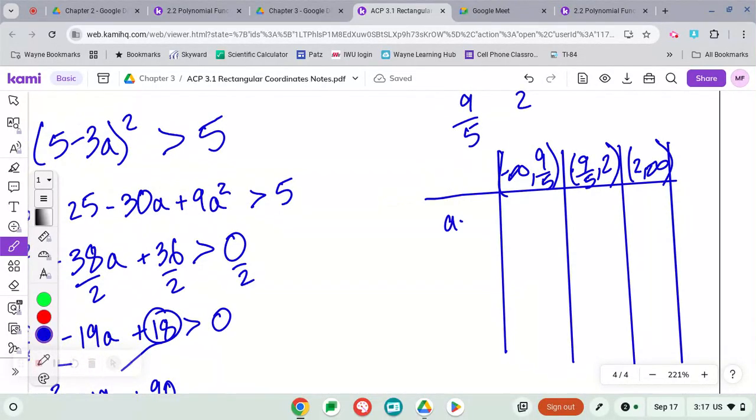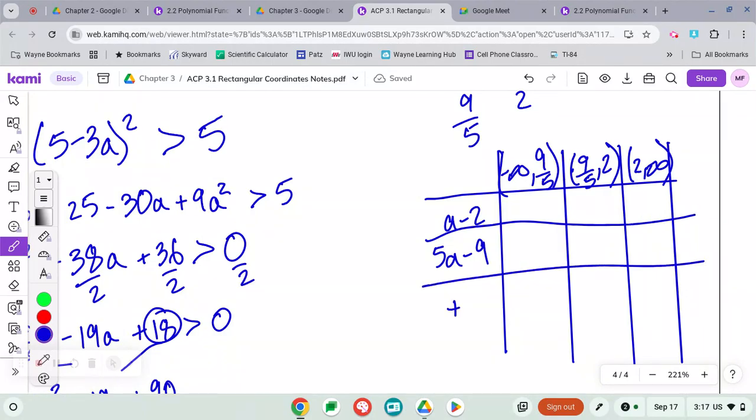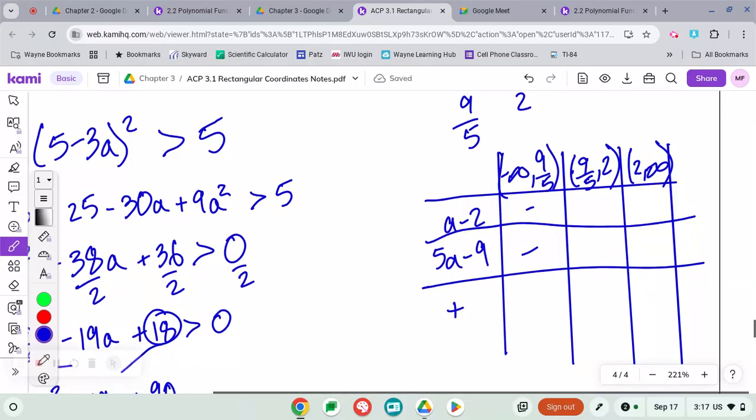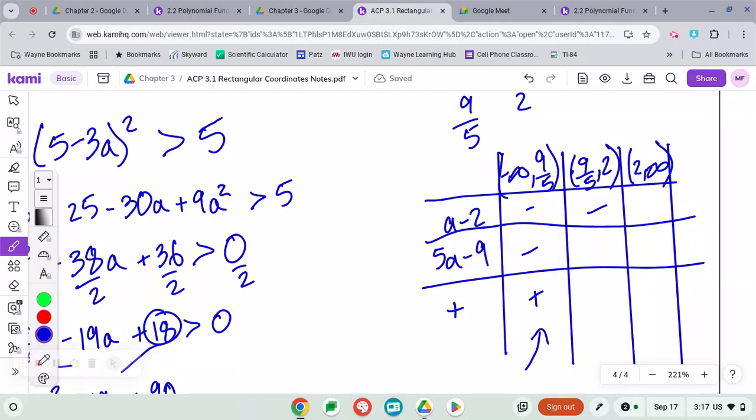Well, I need a minus 2, 5a minus 9. Ultimately, I need it to be positive. Okay, so plug in a 0. 0 minus 2 is negative. 0 times 5 is 0 minus 9 is negative. Negative times a negative, positive. It works for this. The next one, we'd plug in like 1.95. That's going to be negative. For the top one, it'll be positive. That means it's negative. Plug in a 3. That's going to be positive, positive, positive. It works for those two.